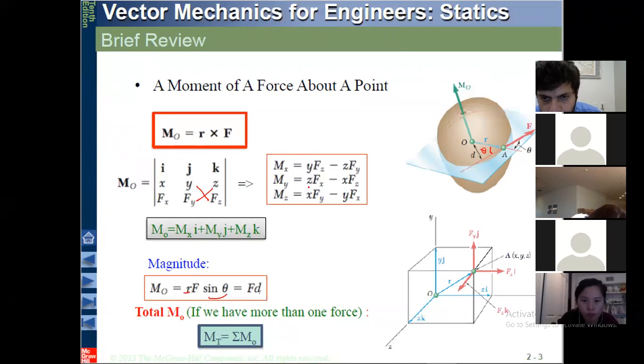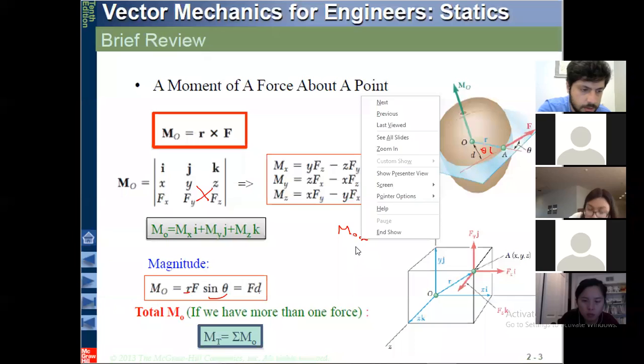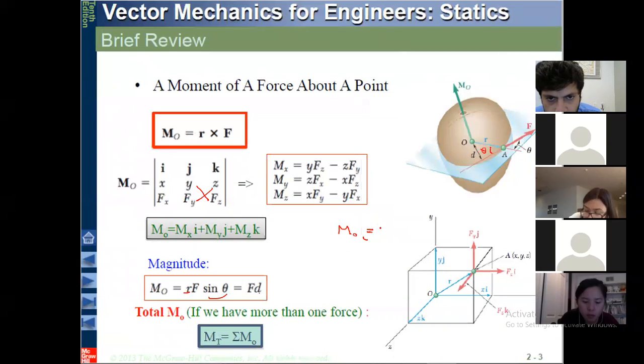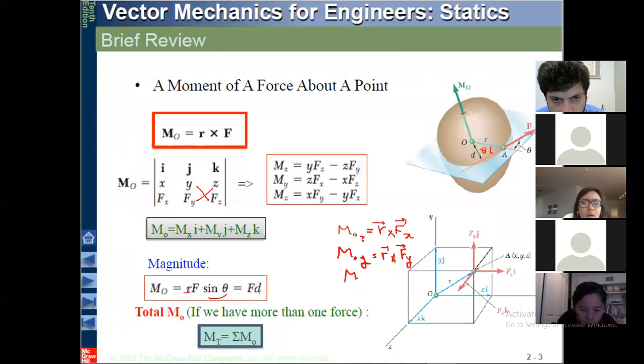Well, imagine you have a force in 3 dimensions, then you can decompose that force into 3 vectors, which are along each of the axes x, y, and z. You can calculate the moments. For example, you can have M_O x equal to r cross Fx, and we can have M_O y equal to r cross Fy, and M_O z equal to r cross Fz.